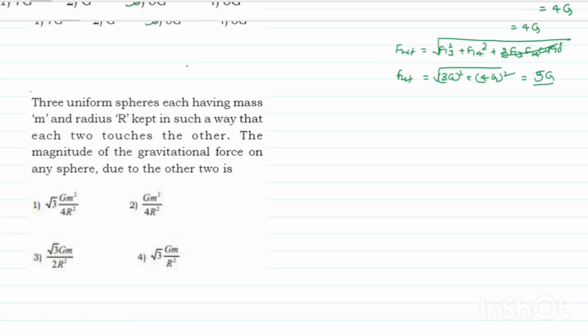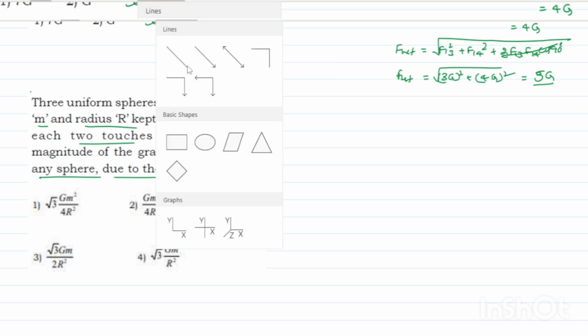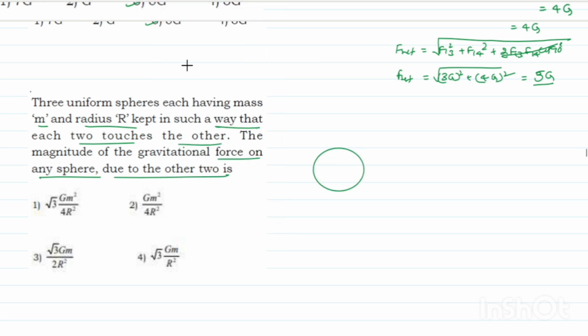Here 3 uniform spheres, each having a mass m and a radius capital R, are kept in such a way that each two touch each other. They are asking for the magnitude of the gravitational force on any one of the spheres due to the other two. So here you are going to keep 3 spheres like this.